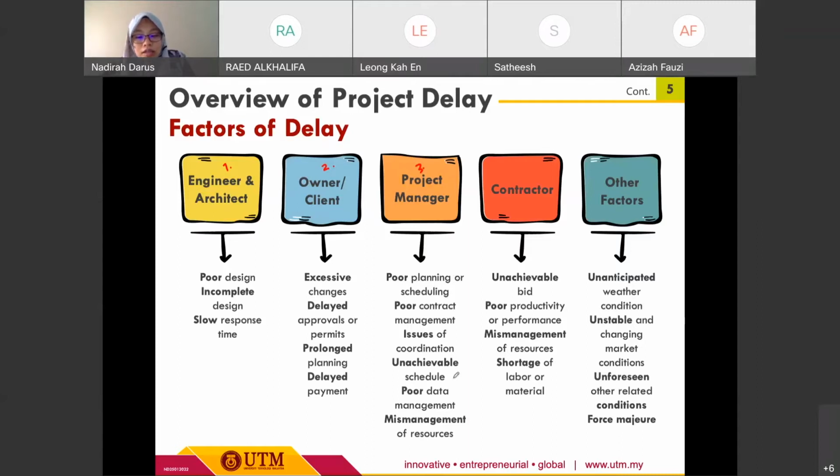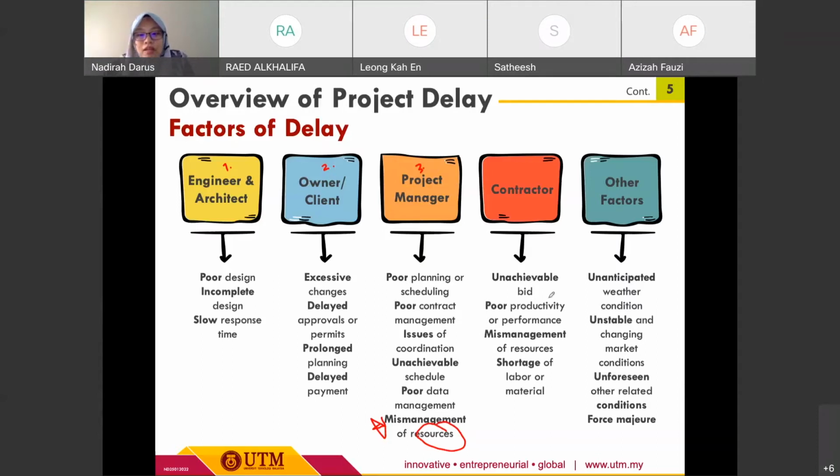Either manage the data, manage the information, and the most important thing is that we need to have proper management of resources. That's why for this subject we are covering how we want to plan the cost, how we want to forecast, and how we want to manage the resources. So all of these are interrelated, as the key activities that need to be practiced by the project manager.